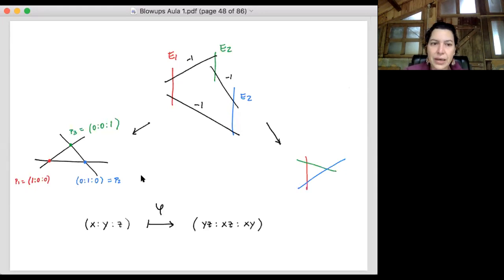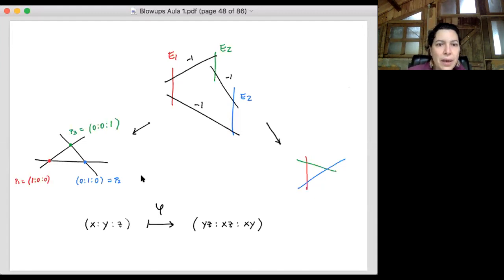If you take the birational map of P2 to P2 that is given by this expression, YZ, XZ, and XY, this is a birational map that is not defined precisely at the 3 coordinate points. It contracts the coordinate lines to the opposite coordinate point, and it is a birational involution. And this is resolved precisely by this three-point blow up.